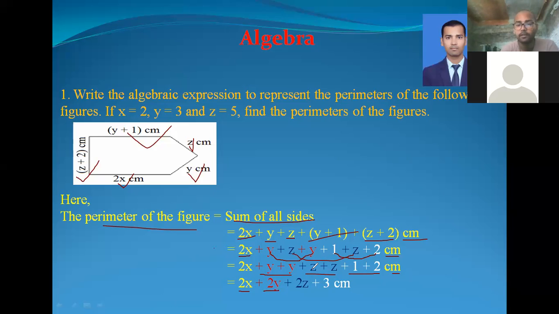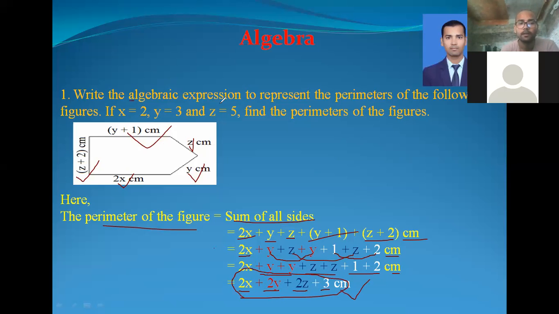In the same way, 1z plus 1z is equal to 2z, and then 1 plus 2 is 3. In this way we form an algebraic expression with the measurements of the given figure, which is what was required first.